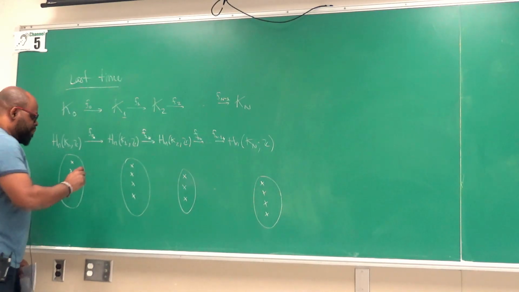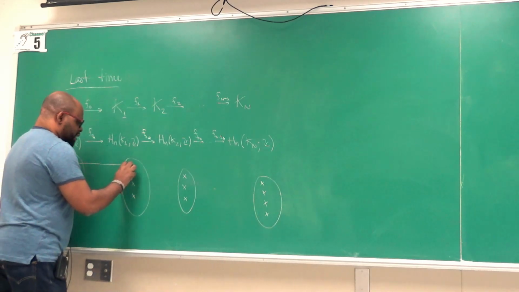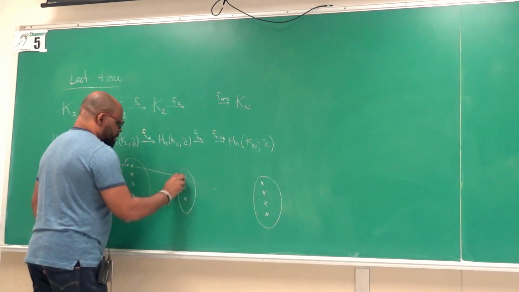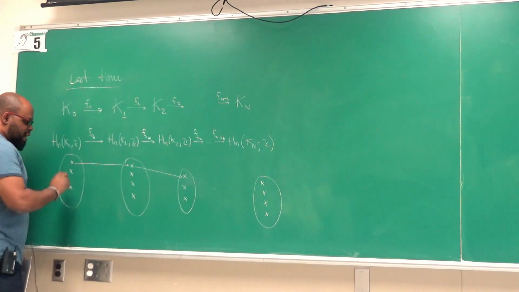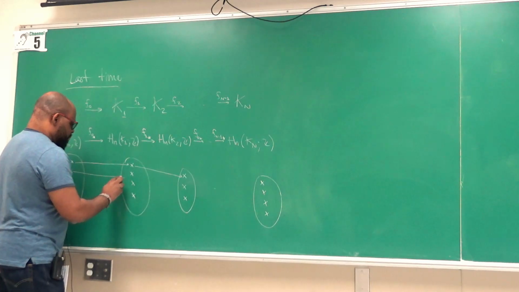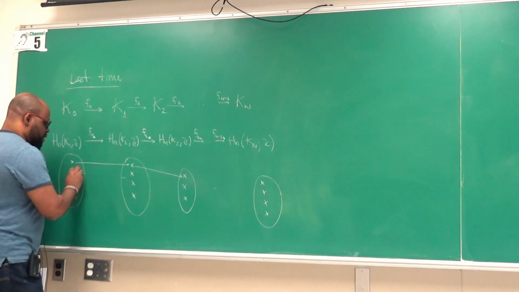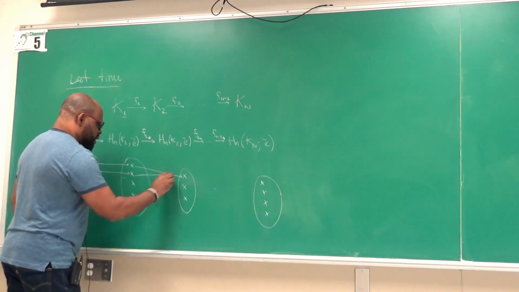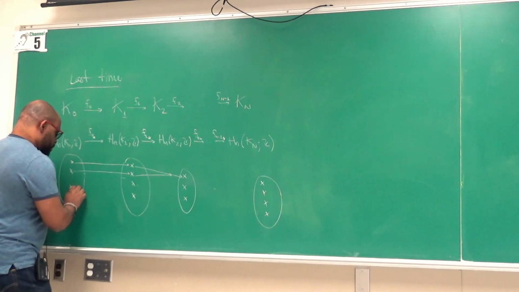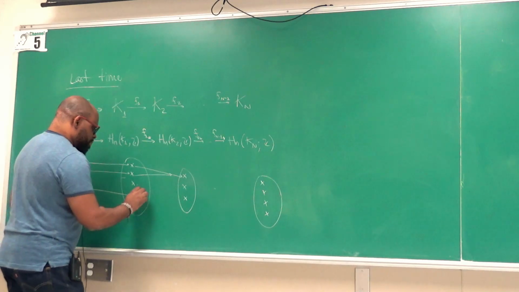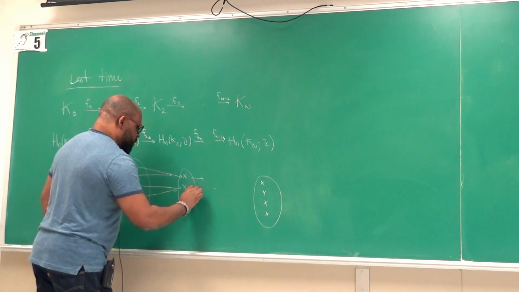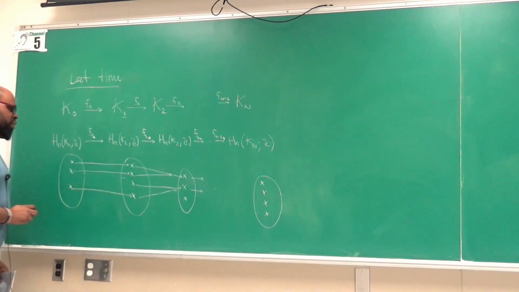So for example, it could happen that this basis element goes to this basis element, and then this basis element goes to that basis element, and perhaps this basis element also goes to this basis element, and maybe these do the following, right? And perhaps this goes to that, this goes to that, and this goes to that, and so on.